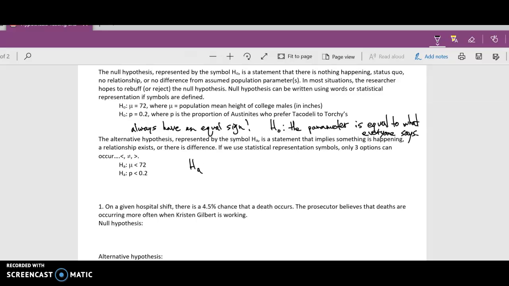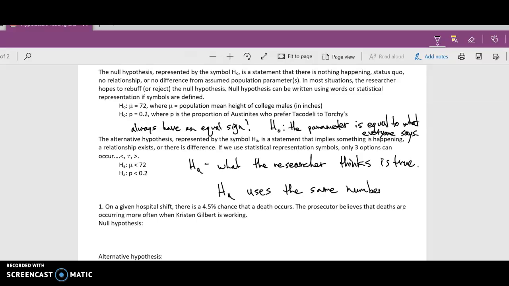H sub A is what the researcher thinks is true. The other thing that's worth noting is H sub A always uses the same number as H naught.